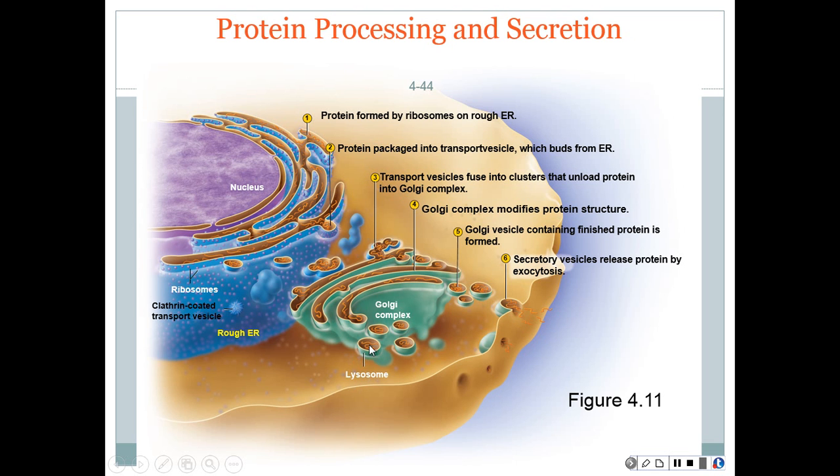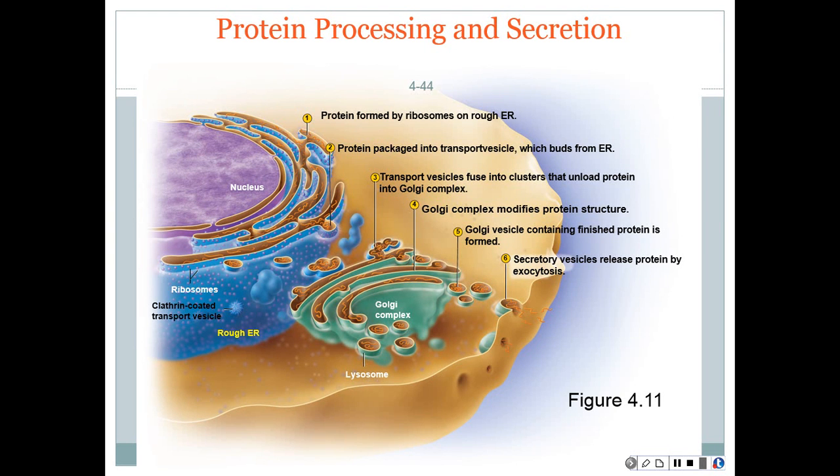So some become lysosomes and some become secretory vesicles. Now, proteins synthesized in this way have a variety of destinations, and they have a variety of functions.